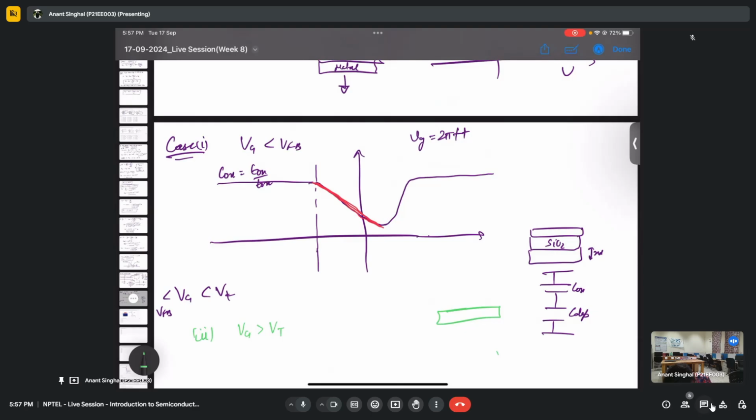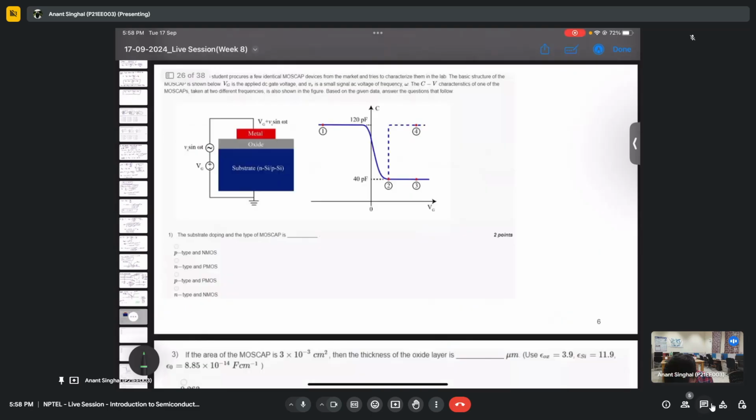So this is positive, positive, and we have accumulation of electrons at the surface, and the capacitor starts to increase and goes back to the oxide capacitor. So this is what happens in general for any MOS cap.